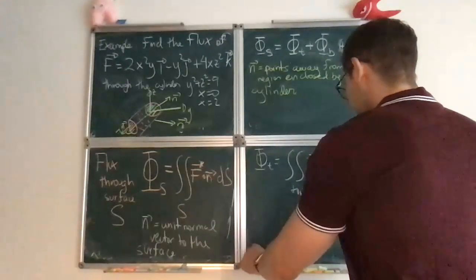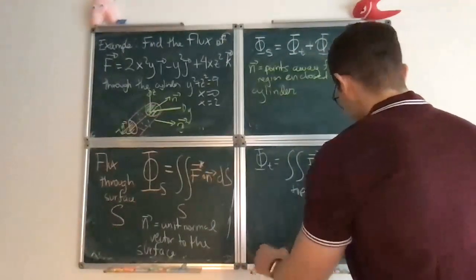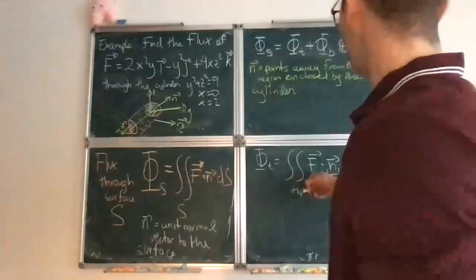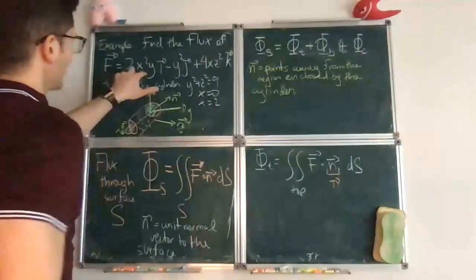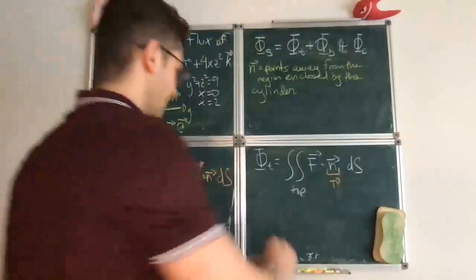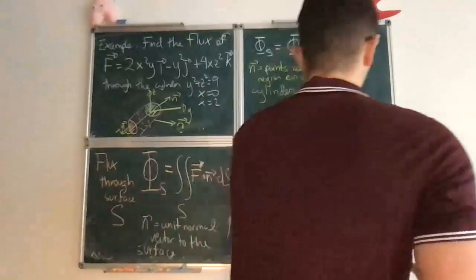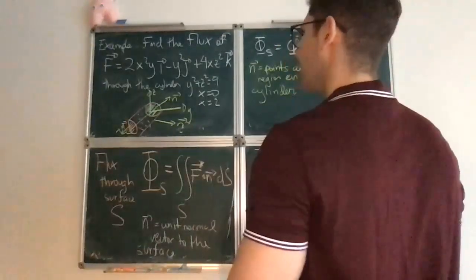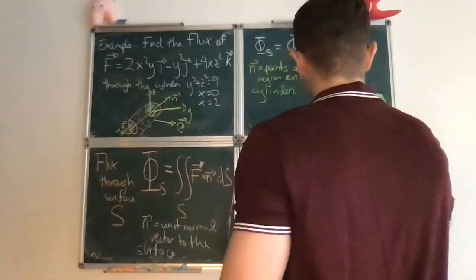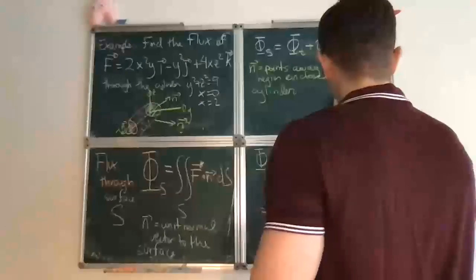And so when you do the dot product between F and i, the only thing that survives is this term. So you get 2x squared y dS.